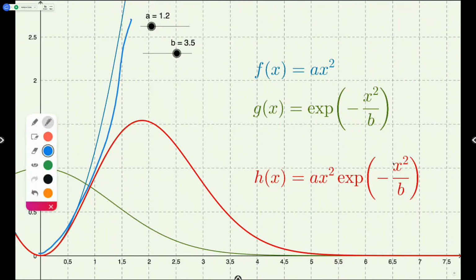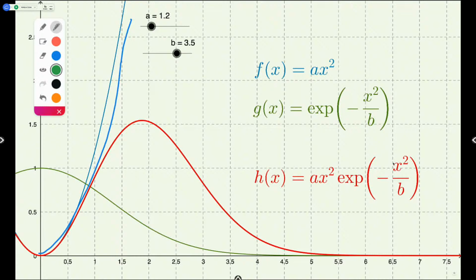And then there's the exponential portion. So the product of those two gives you the curve shape that we see here.